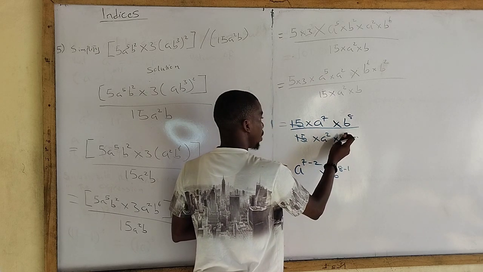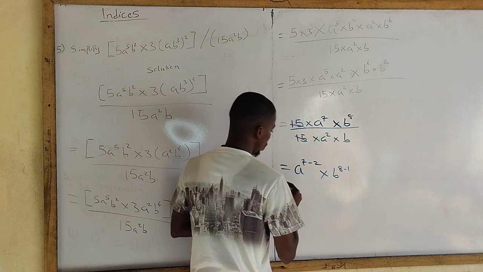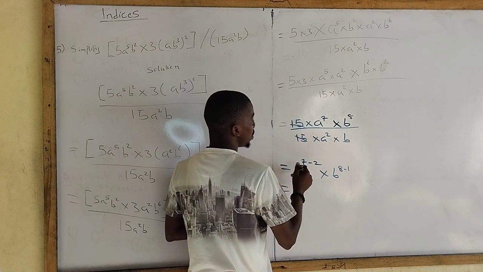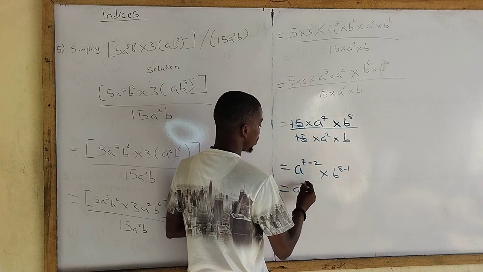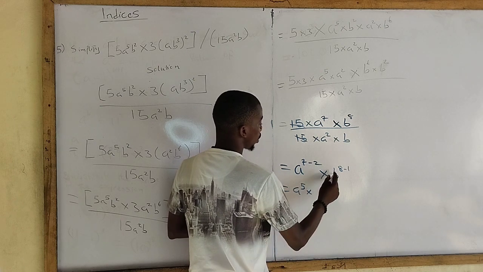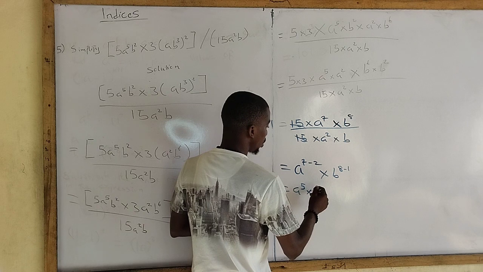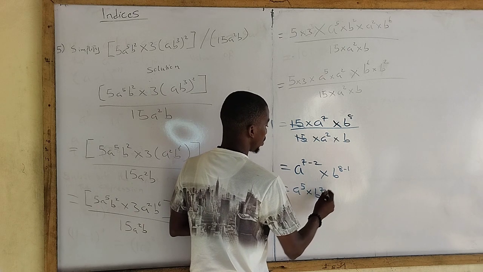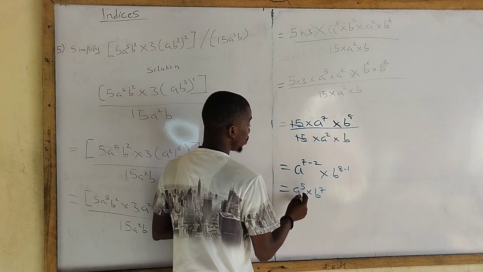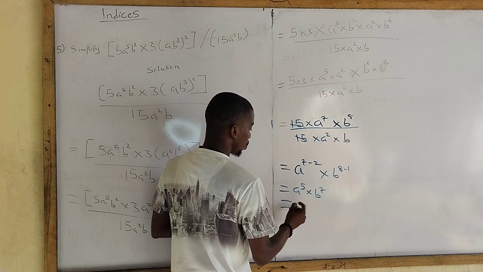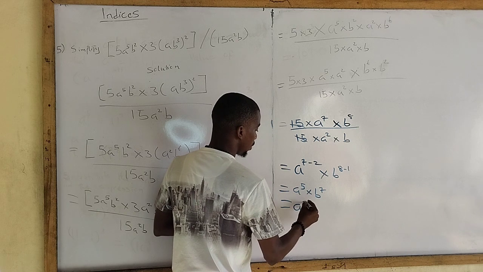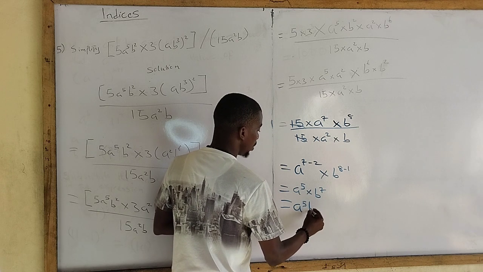Remember, this has a power of 1, invisible 1. So a 7 minus 2 is equal to 5, so we have a raised to the power 5, times 8 minus 1, we have 7. And we have a raised to the power 5 b raised to the power 7.